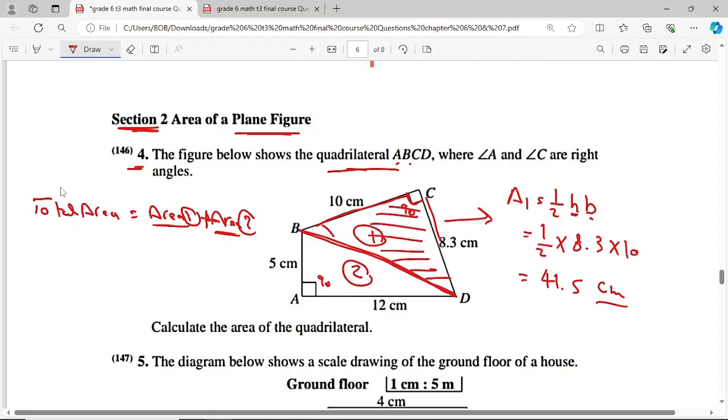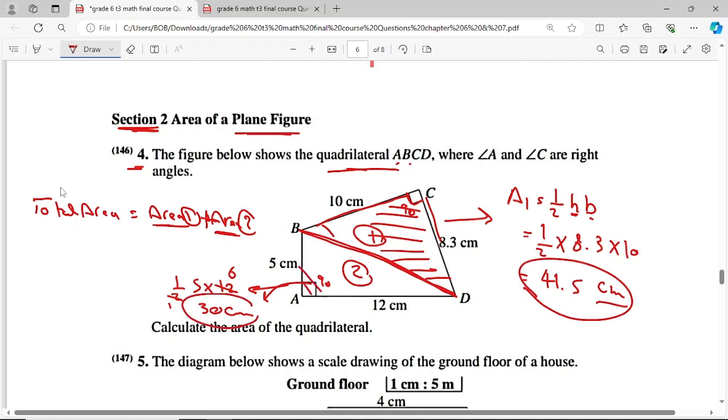Okay, and now area 2 will be half times 5 times 12. 5 is the height and 12 is the base. This is area 2. So it will be equal to, 2 divided by 2 equals 1, 1 times 12 is 6... it will be 30 centimeters squared. So the total area will be area 1 plus area 2.